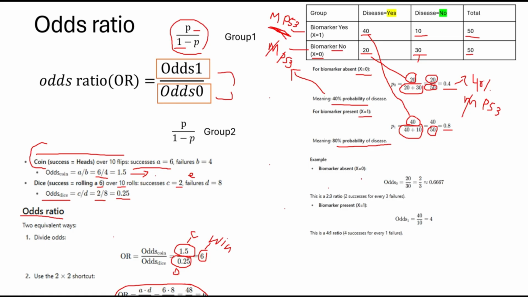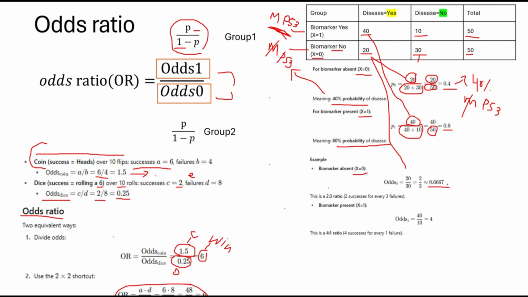If the mutation is absent, there are 20 patients here who develop the disease, and here are the 30 patients with no mutation and no disease. So it's 2 by 3. The odds of developing cancer with no mutation of p53 is 0.6.